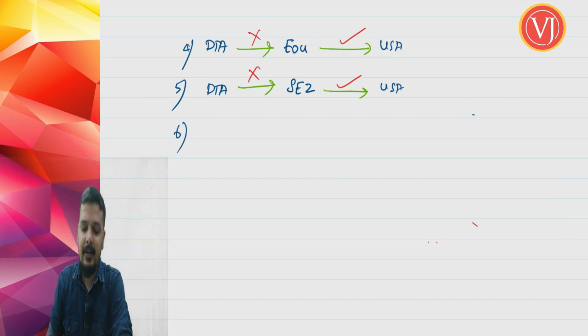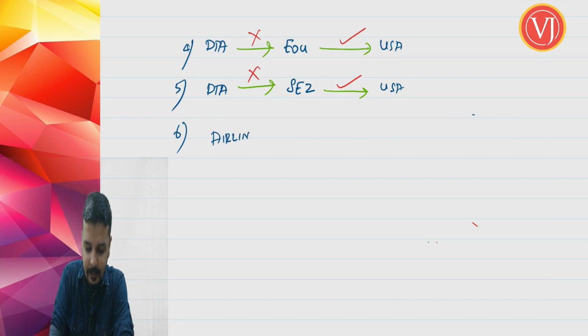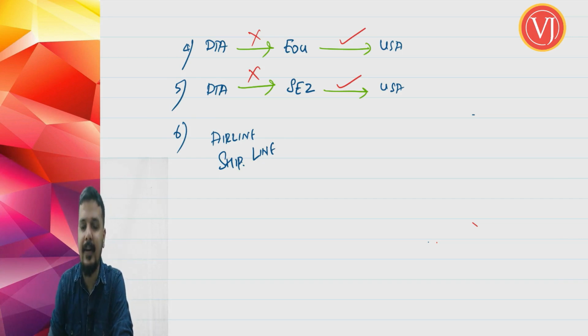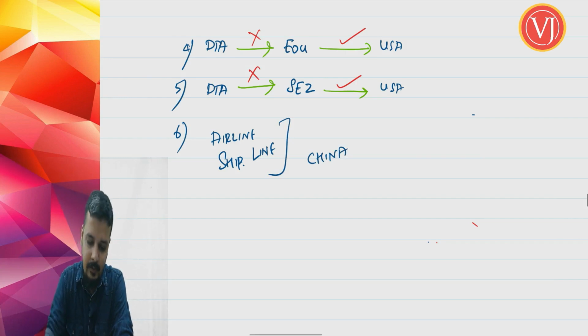And friends, the other things, when you are talking about airline companies and shipping line companies, getting the foreign remittance for a transportation which is done from, say, USA to Australia.